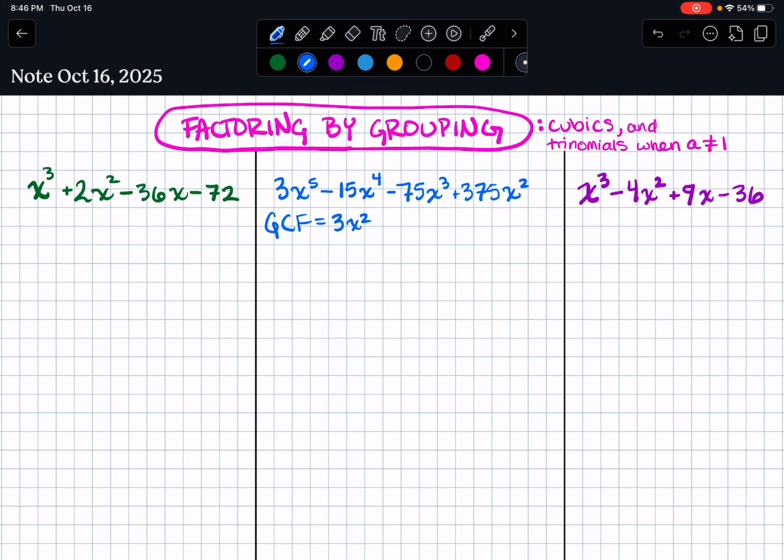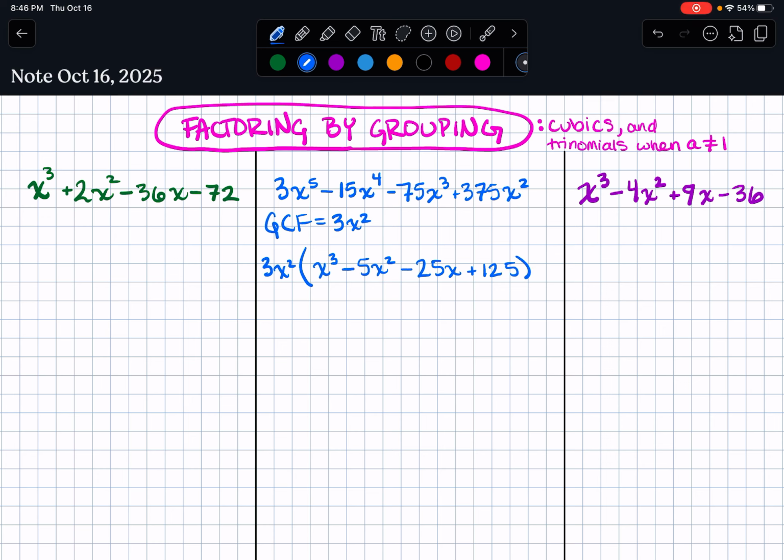Before I even do my grouping, I'm going to take that GCF and factor it out front so that I have something simpler to work with. So if I factor out 3x squared from all 4 terms, that leaves me with x to the 3rd minus 5x squared minus 25x, and then plus 125.